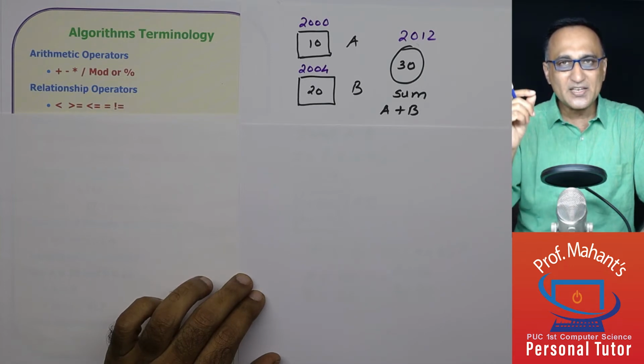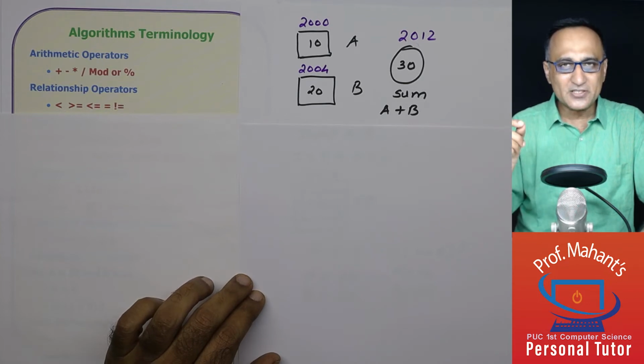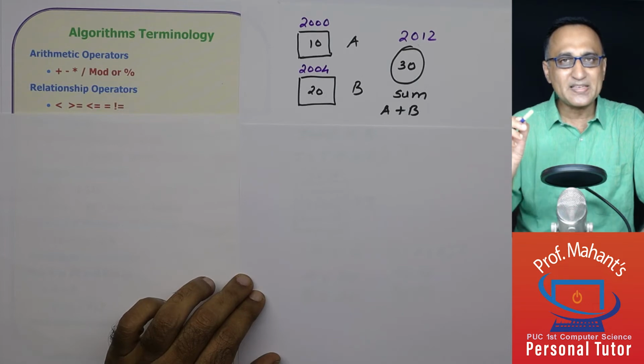So values which can change are known as variables. But suppose I am calculating the area of a circle. I am saying the area of a circle is pi into radius. Now pi is not going to be entered by the user because pi is a constant. That is a constant memory location whose value is 3.142, which does not change.